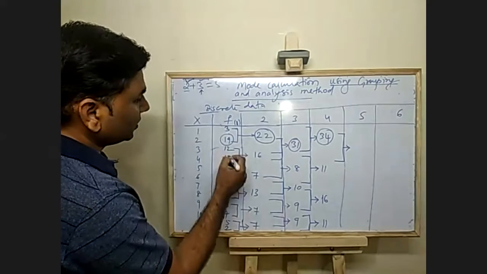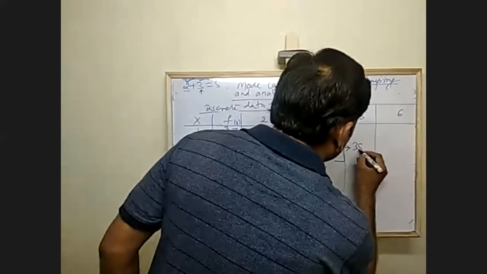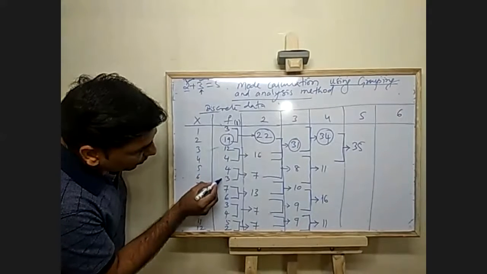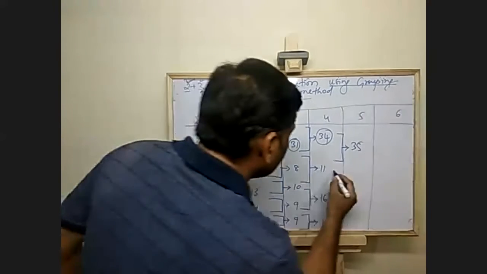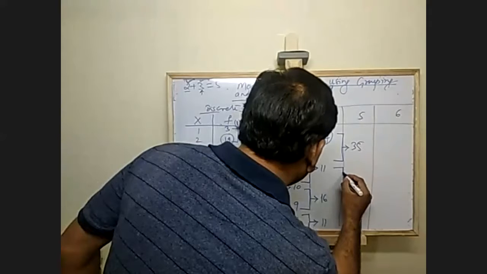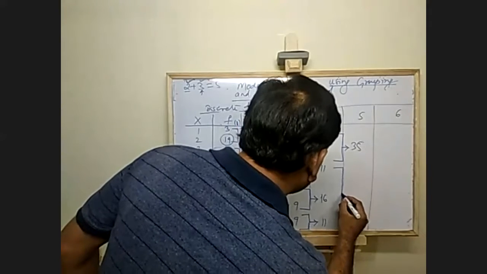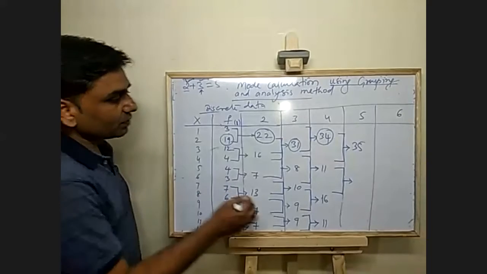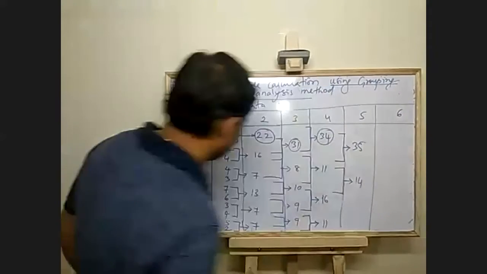Okay, 35. So these three are done. Now next three, 4, 3, 7. 10 plus 4, 14.